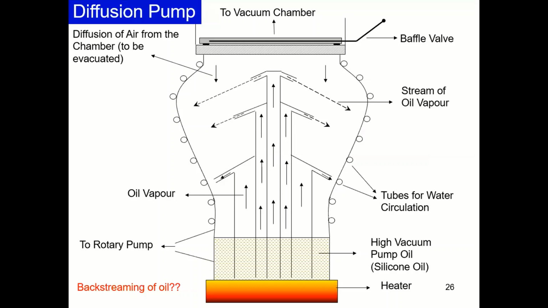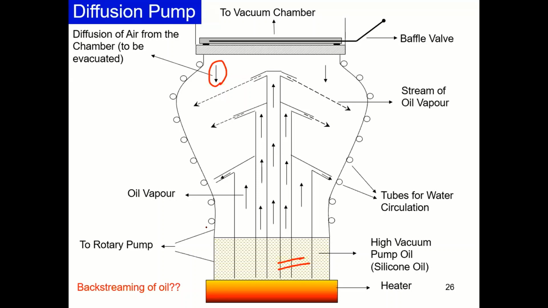So what we do is transfer momentum with the help of other high molecular mass molecules to the gas molecules, and we vent it out. Here there is a high vacuum pump oil, the diffusion oil, which is of high molecular weight and very low vapor pressure. This oil is heated and evaporates, and finally transfers the momentum to the gas molecules present, and they are taken out of the chamber.